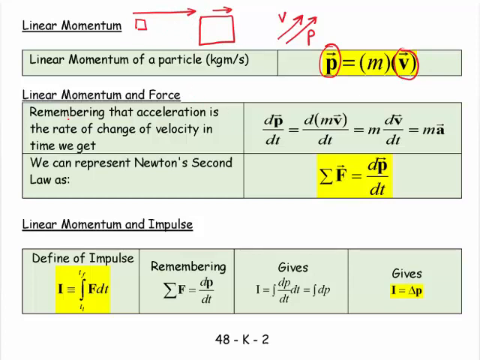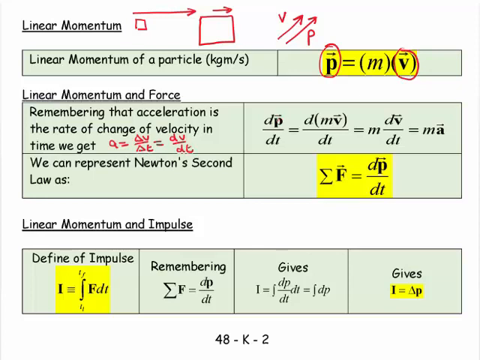So then we turn our attention to linking momentum to force, and what we remember is that acceleration is the rate of change of velocity. So a is equal to delta v by delta t. It's the rate of change of velocity in time, which we can write as dv by dt.